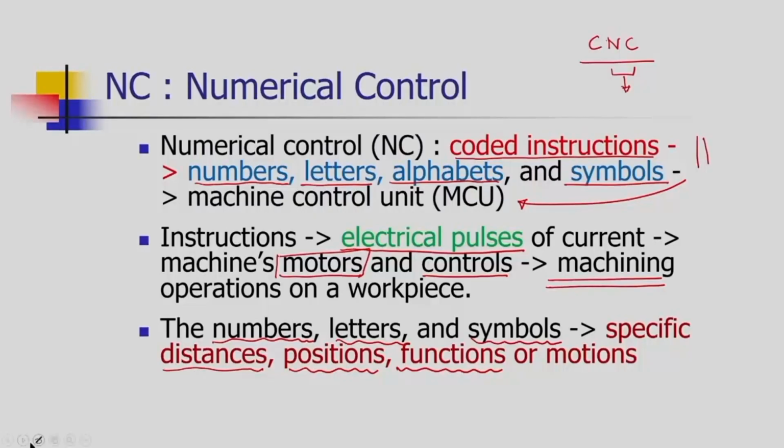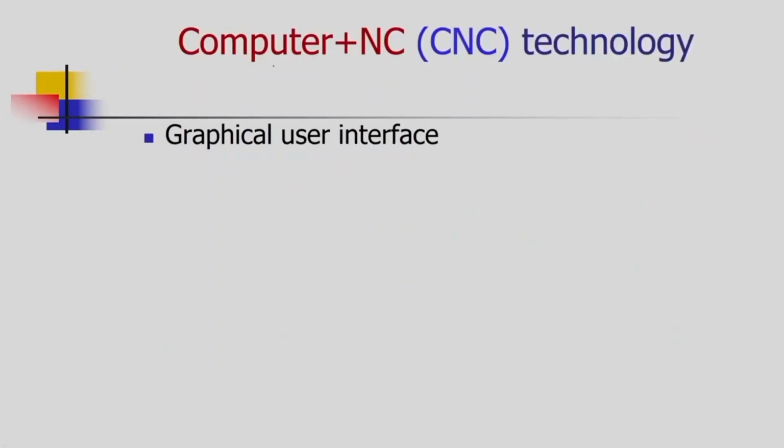To write a simple program, it used to need very long punch cards, and when we wanted to change or edit the program, you had to discard the entire punch card. That is very cumbersome, a very lengthy process to develop a program and to write it on the punch card. With the use of computers, this problem of editing has now been solved.